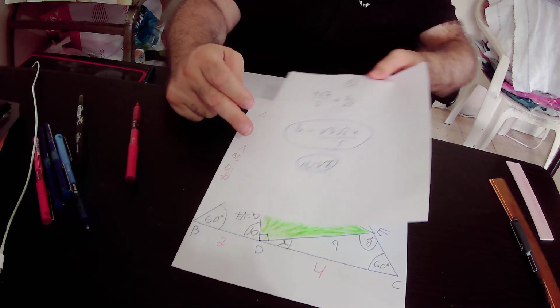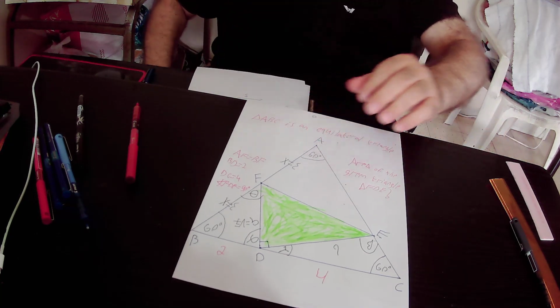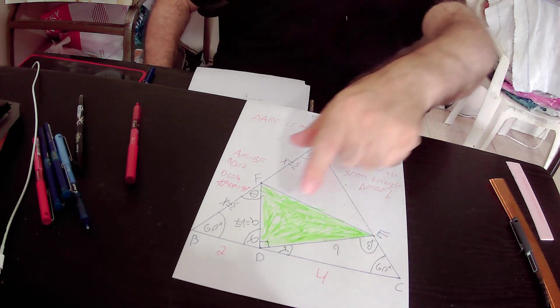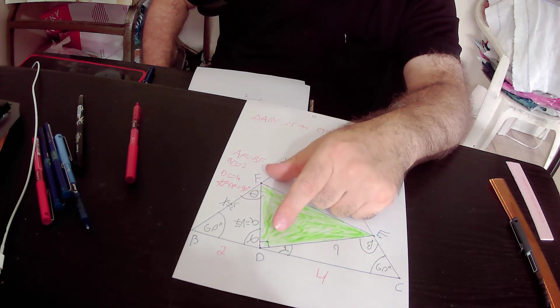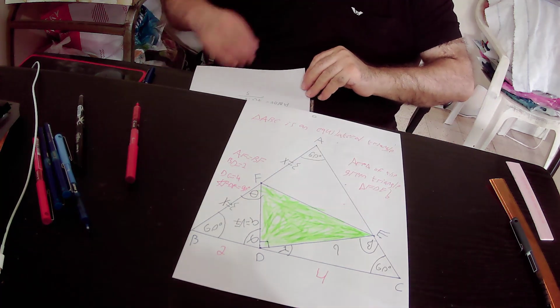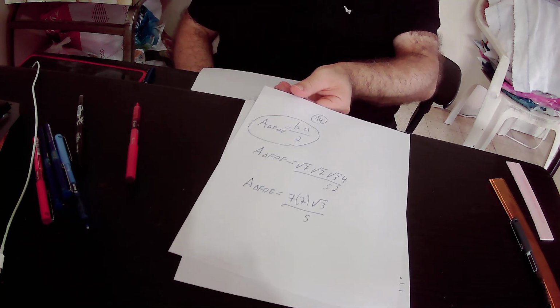So we know the values of A and B. And what is the area of the green triangle? The area of the green triangle is the base of the triangle, that is B, times the height relative to the base, that is A, over 2. The area of the green triangle FDE equals B times A over 2.